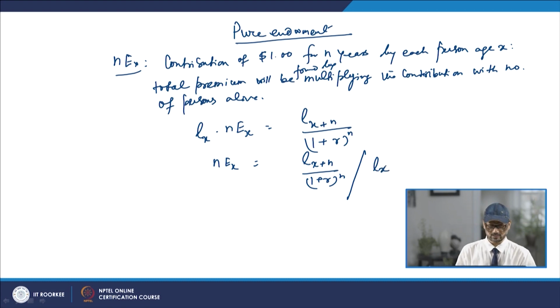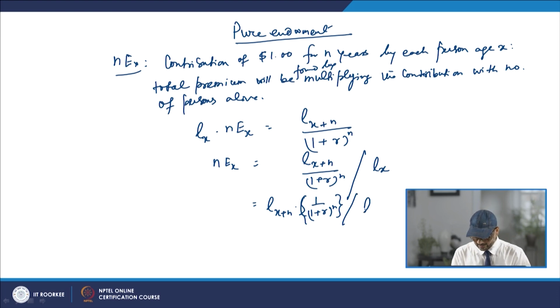Now this can be further written. The 1 plus r raised to the power n, you can write as lx plus n into 1 by 1 plus r raised to the power n, divided by lx. This factor, 1 by 1 plus r raised to the power n, is v raised to the power n.